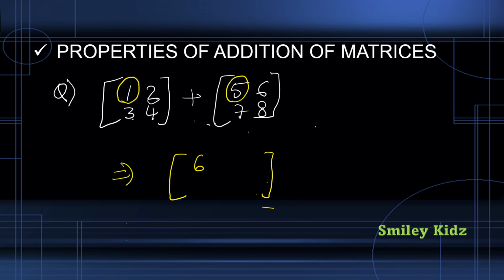Then you have 2 plus 6, that is 8. Then we have 3 plus 7, that is 10. And lastly, we have 4 plus 8, that is 12. Now, I hope you understood how to solve the addition of matrices. Now, let's quickly dive into the properties of this addition of matrices.